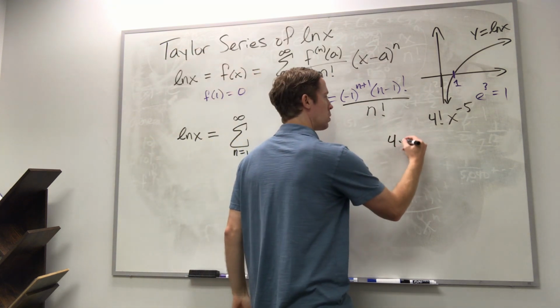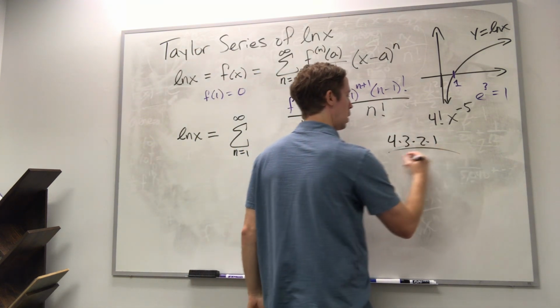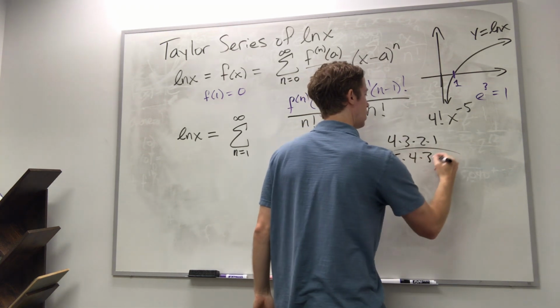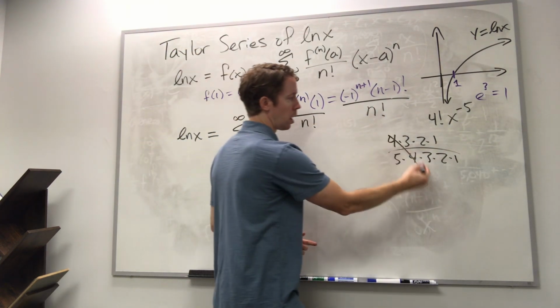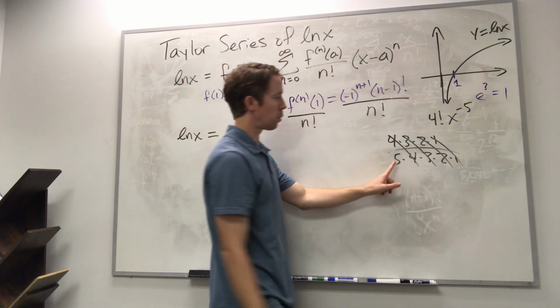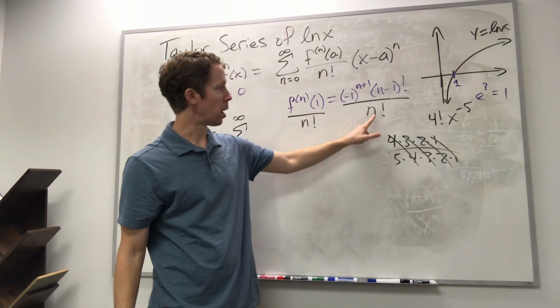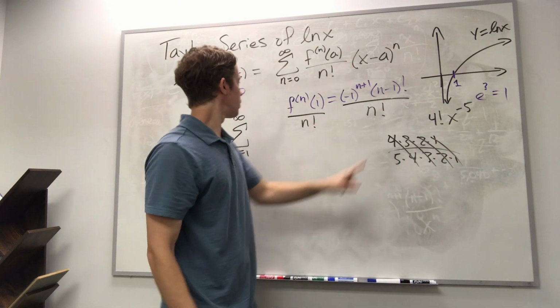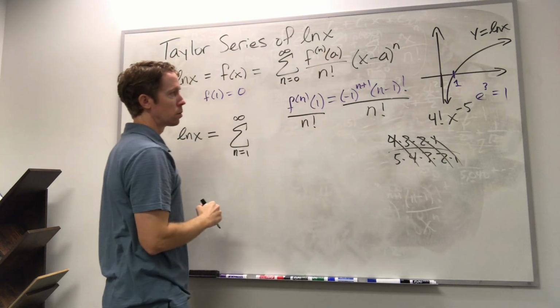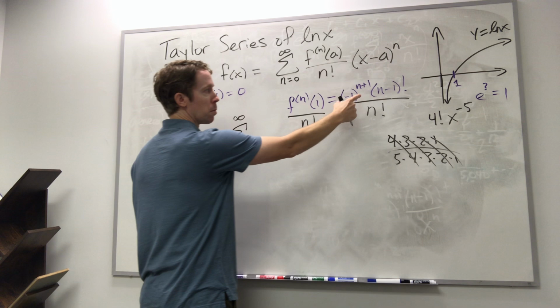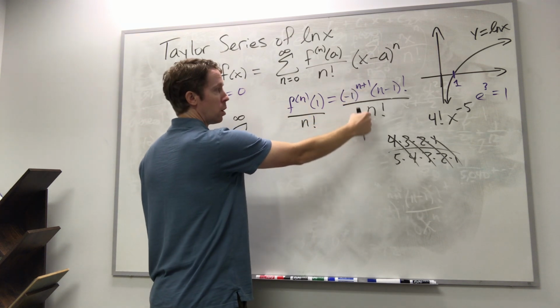So in the numerator I have something like this, and in the denominator I have this. You can see everything is going to cancel out except for the largest power on bottom, the n. So when I simplify this coefficient, I'm just going to get -1 to the n plus 1 over n.